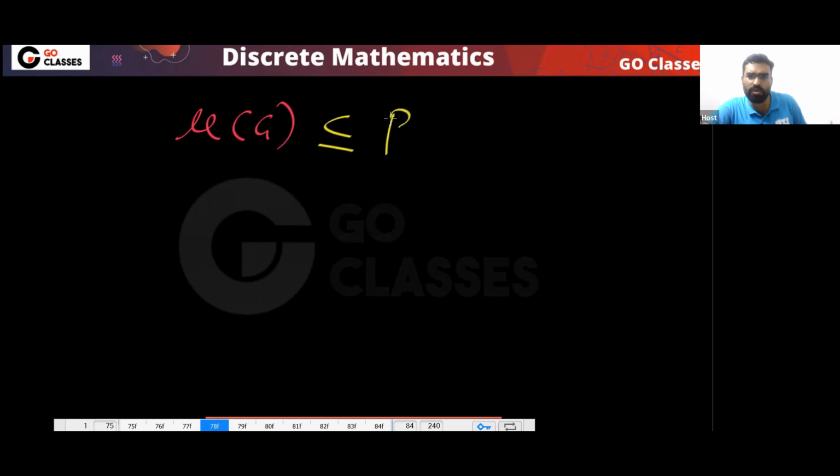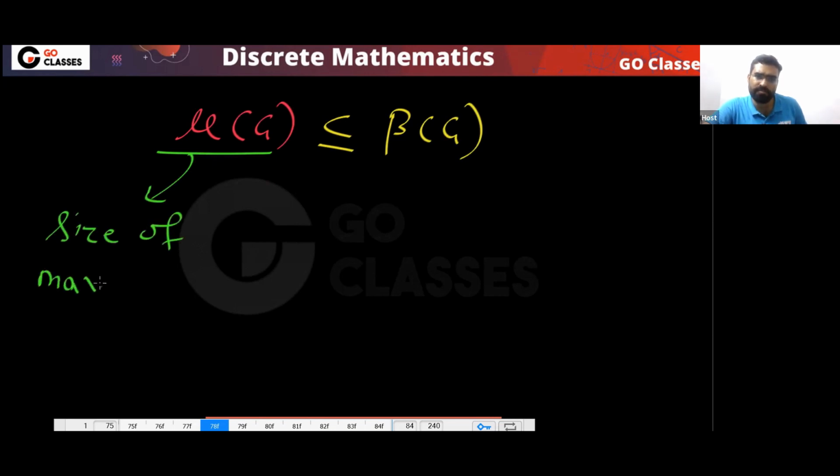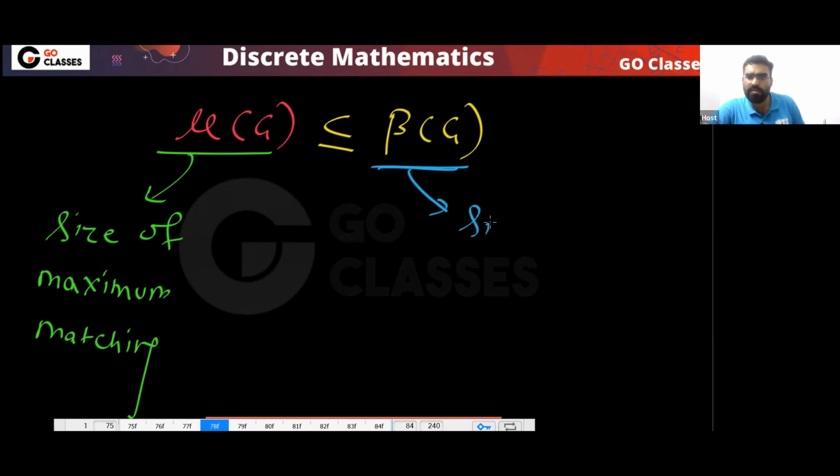This is less than or equal to the minimum vertex cover. So the size of maximum matching is less than or equal to the size of minimum vertex cover.